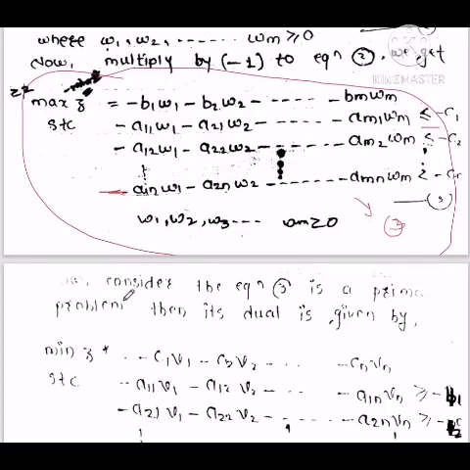The dual of this problem can be written as: since it is maximum z, we write minimum z star equal to, where the minus c1, minus c2 become the objective function coefficients, that is, minus c1 v1 minus c2 v2 and so on minus cn vn. Here v1, v2, vn are the dual variables.